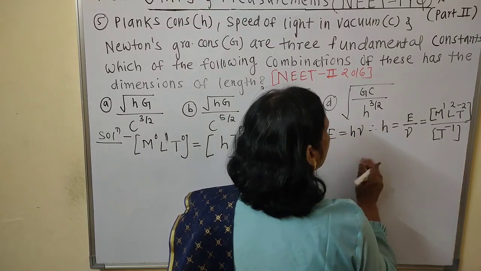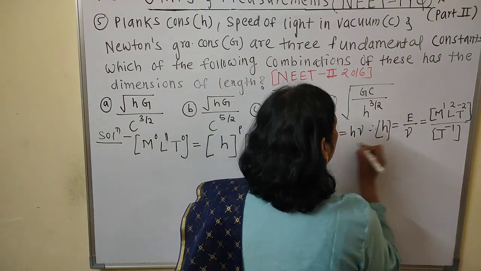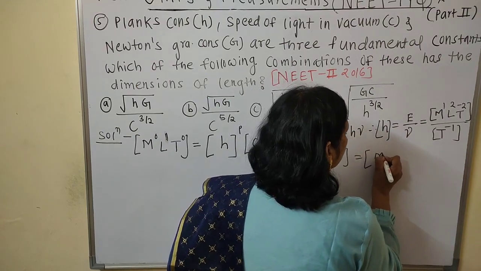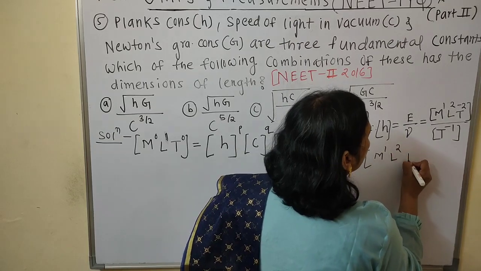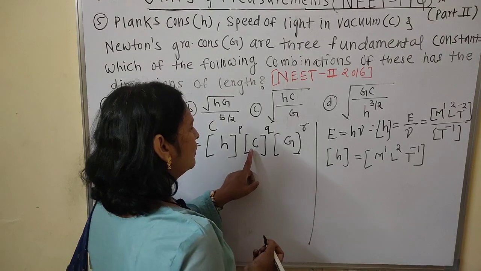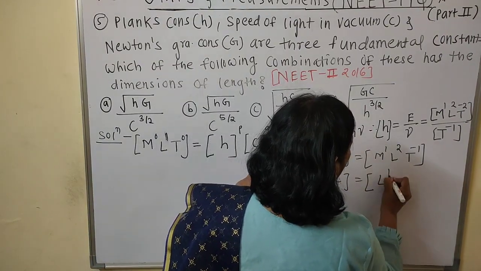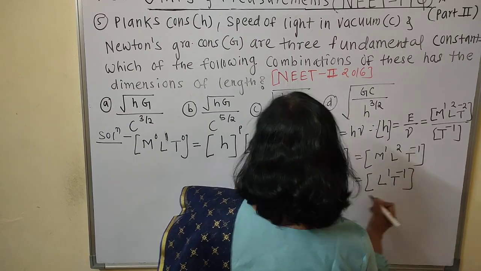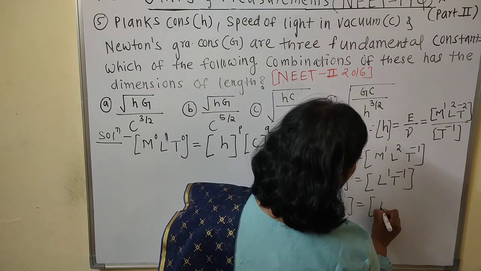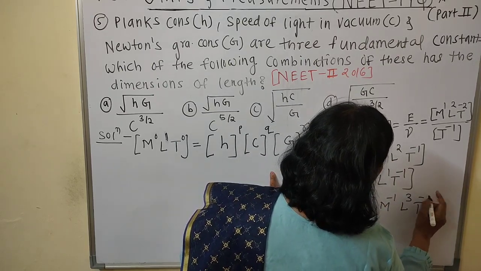And the total dimension of this Planck's constant h is M^1 L^2 T^-1. Then velocity of light c has dimension L^1 T^-1, and gravitational constant G is M^-1 L^3 T^-2.